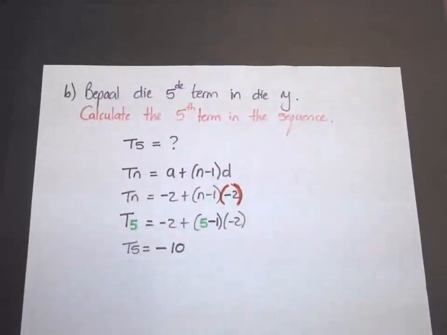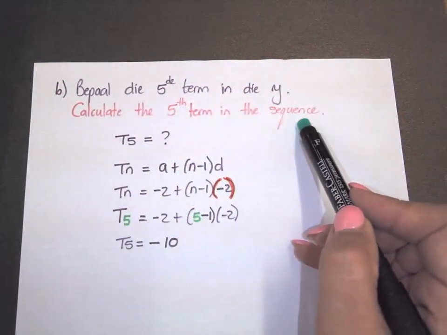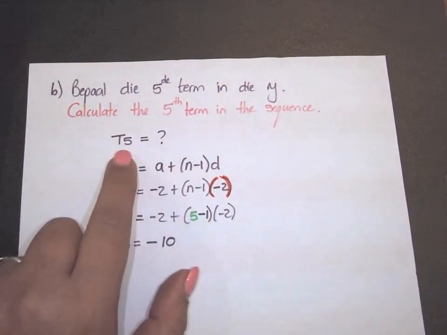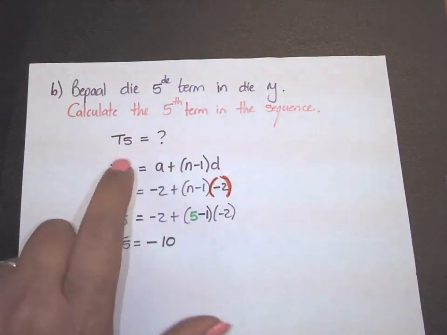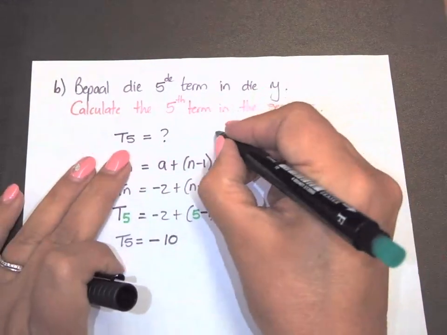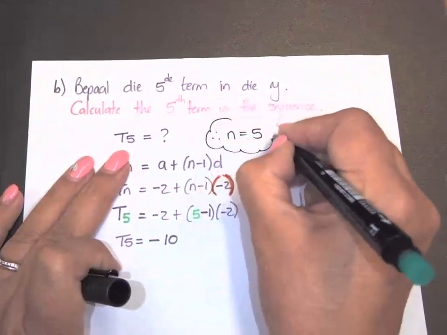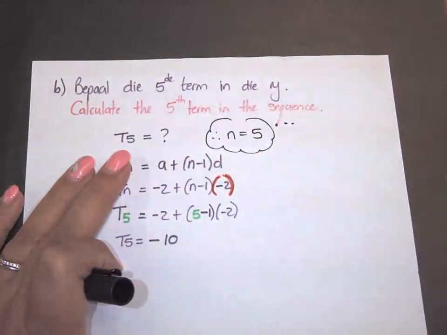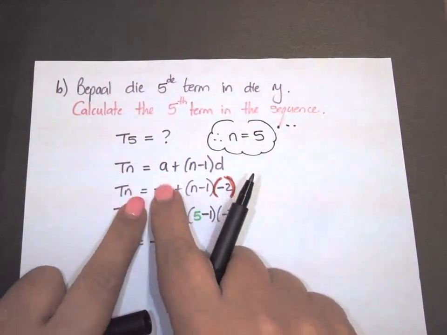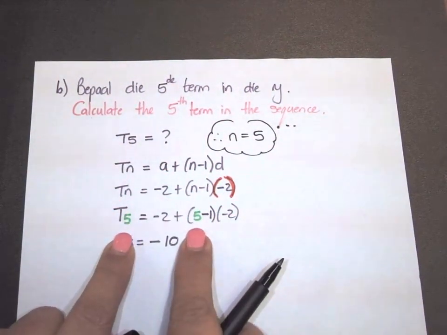The next question is calculate the fifth term of the sequence. So term 5 is what? Therefore, I know that n is 5. So, I substitute A, I substitute D, and I substitute 5.